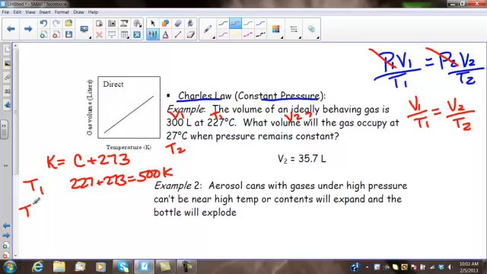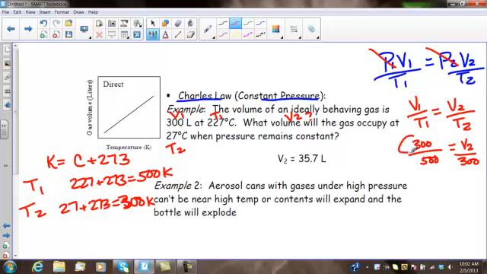And for my T2, I've got 27 plus 273, which is 300 Kelvin. So let's go back over here. We have 300 liters over 500 Kelvin equals, I don't know V2, over 300 Kelvin.